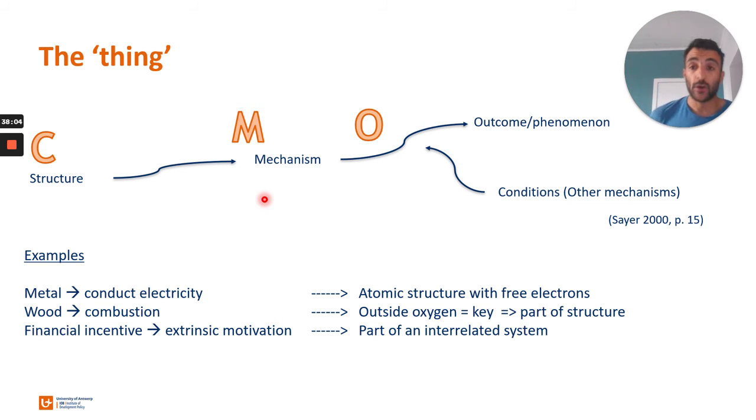If we then go to financial incentives, where the mechanism is extrinsic motivation, we see that financial incentives are always part of a completely interrelated, socially interrelated system of conditions that are certainly not part of the financial incentive, which might be a paper bill of €5 or something, right?